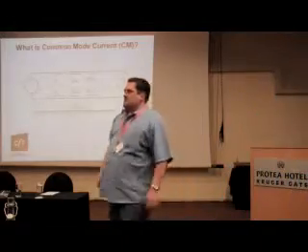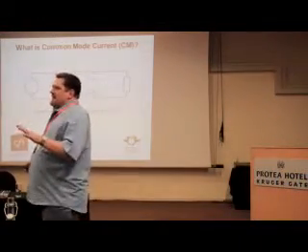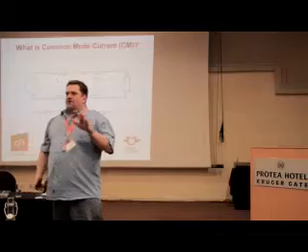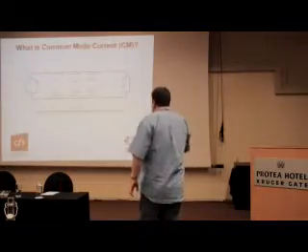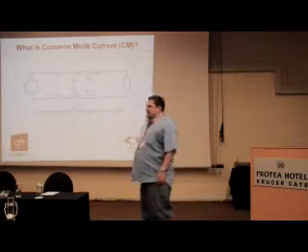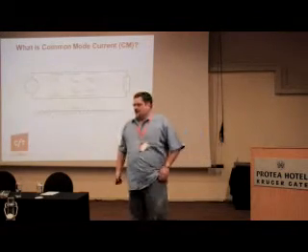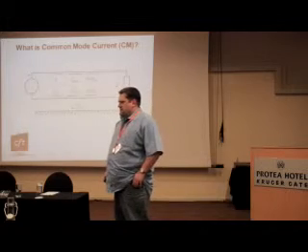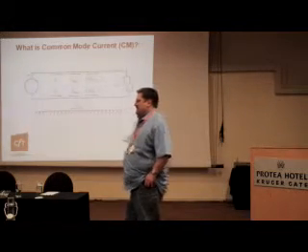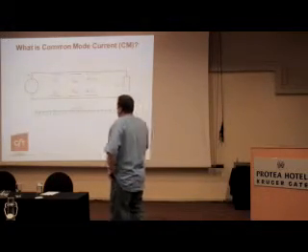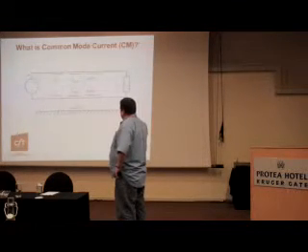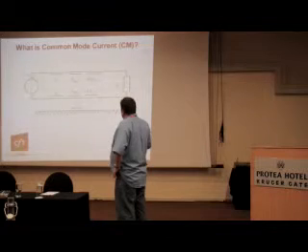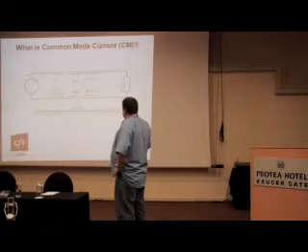So the first question that you should ask me is, what is common mode current? Common mode current is something that I'm very interested in. I'm not an information theorist. I'm actually an electromagnetics guy. Common mode current occurs when there is current flowing in a circuit that is outside the circuit.